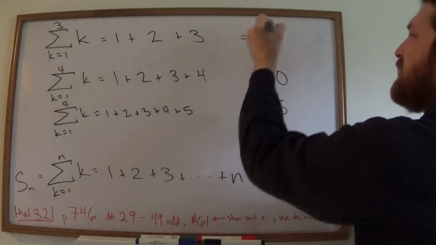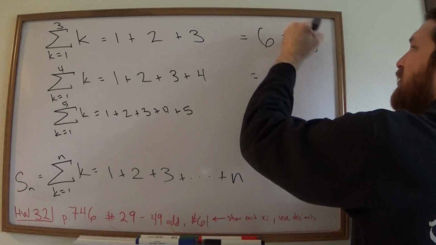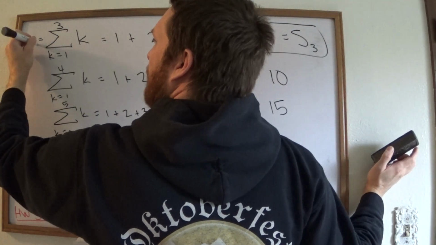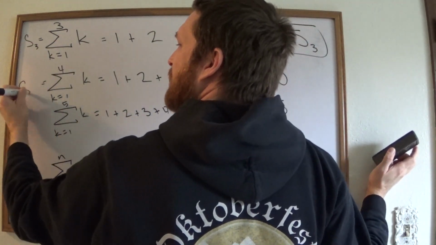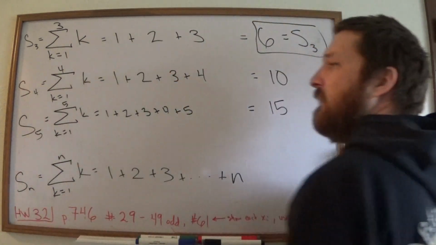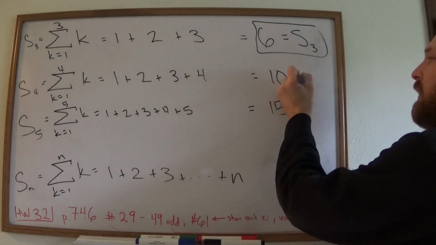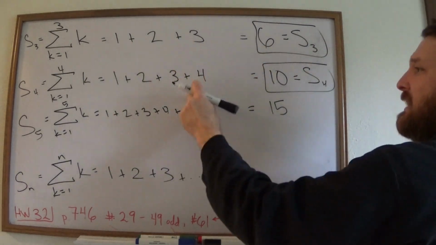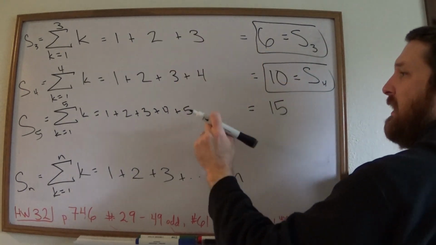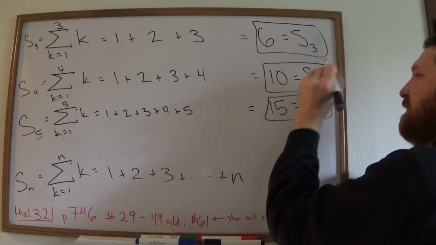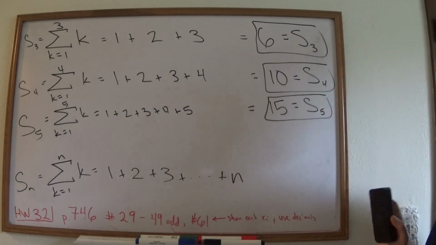So first off, this was S3, yeah? This was the partial sum 3. This was the partial sum 5, right? So I want these on the board because we can see clearly, yes, that is that. That is that. This is this. The fifth partial sum, the fourth partial sum, and the third partial sum.